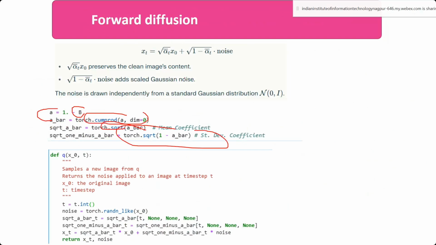So accordingly, this formula is actually the forward diffusion process. You are taking the random noise, and then the square root of a bar and the square root of 1 minus a bar. If you see here, this is only that formula.